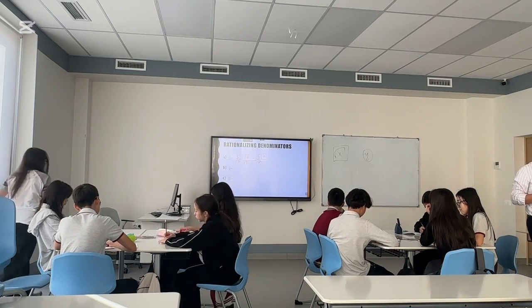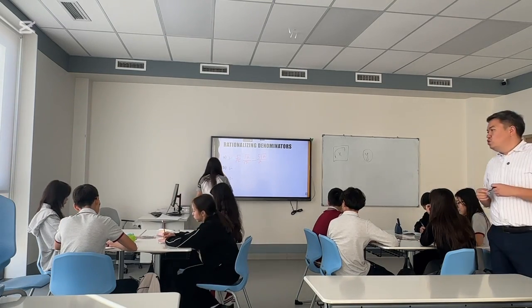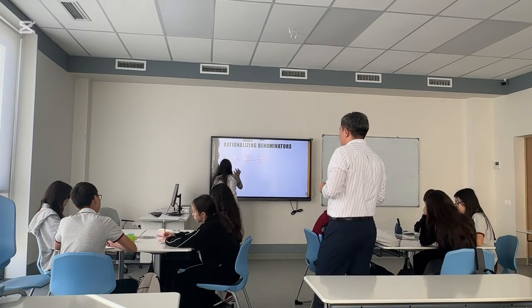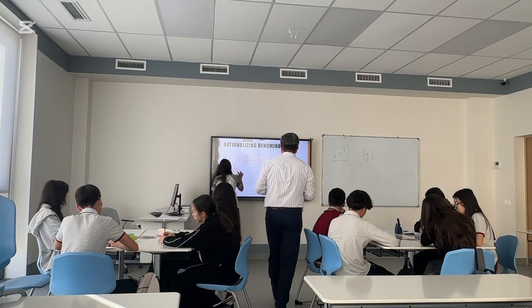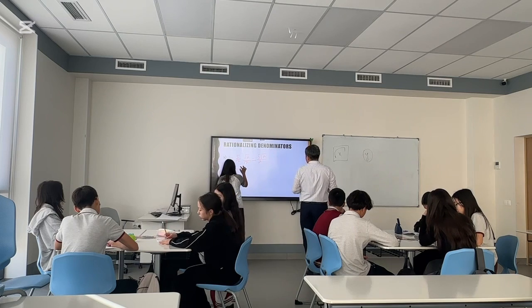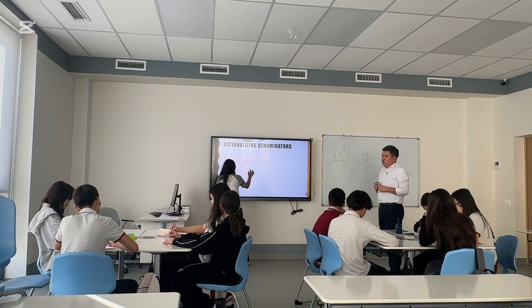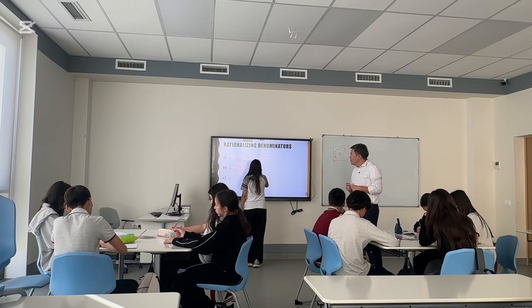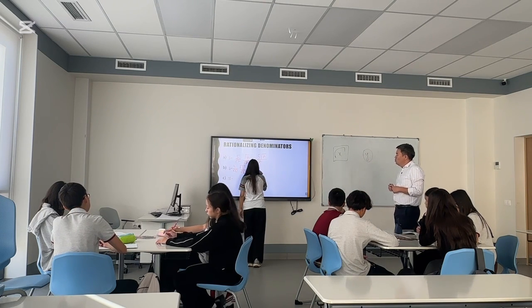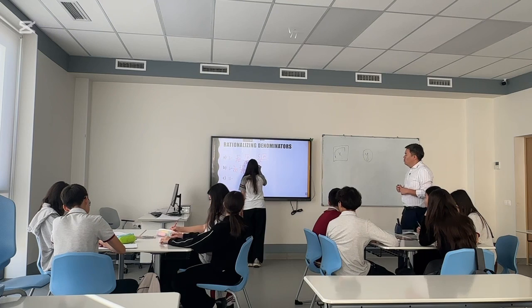The next question is 4 over root 2. Yeah, we should multiply it by root 2 over root 2, okay. 4 root 2 over 2. Okay, great.